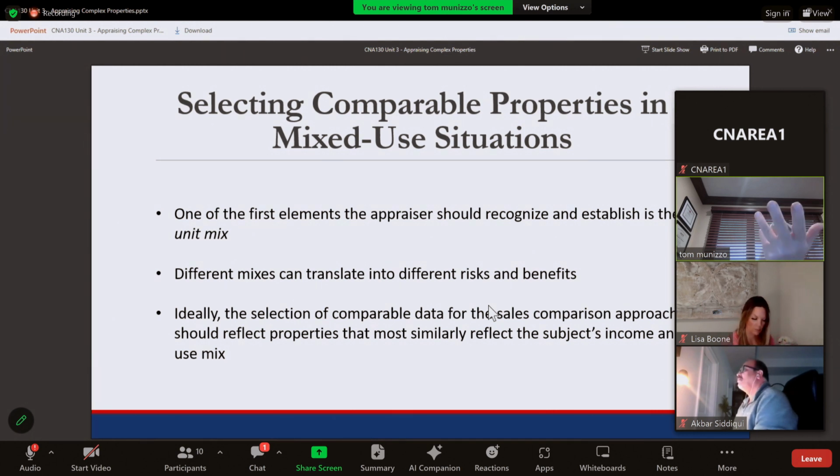So finding the unit mix is one of the first elements you should recognize. Different mixes can translate into different risks and benefits, right? Let me ask you this.